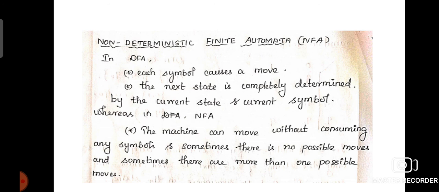And also NFA performs the state transition without consuming any symbol. So that's why this kind of system is called non-deterministic finite automata. But deterministic means everything is determined, that is for every symbol consumption, the system definitely will do the state transition.